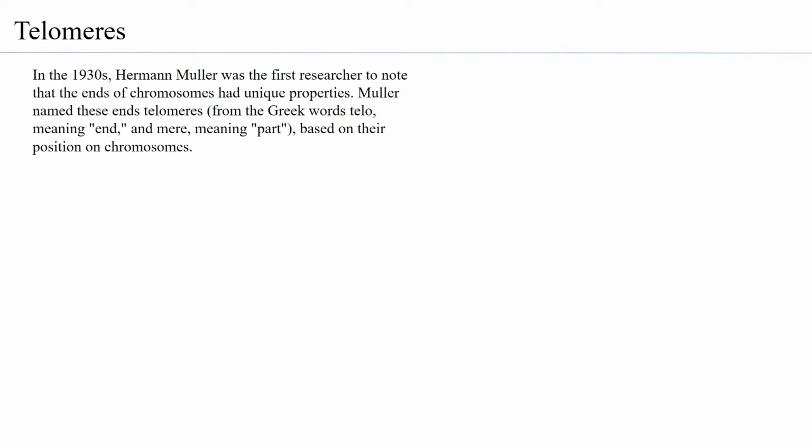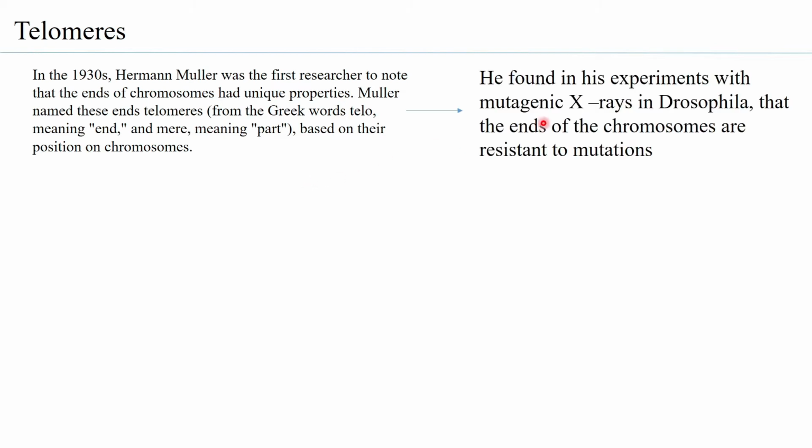As in Greek, the word telo means the end and mere means part. So part of the end of the chromosome, that's how the name comes, and that's how we today also call it telomeric regions. So it is basically because of where it is positioned that it is called telomeres.